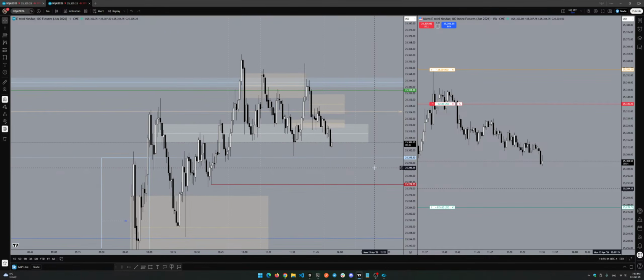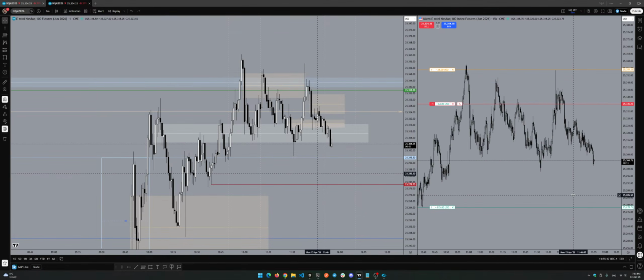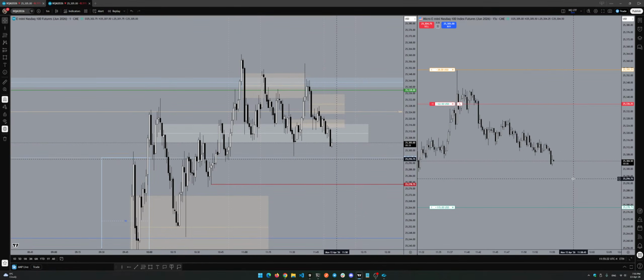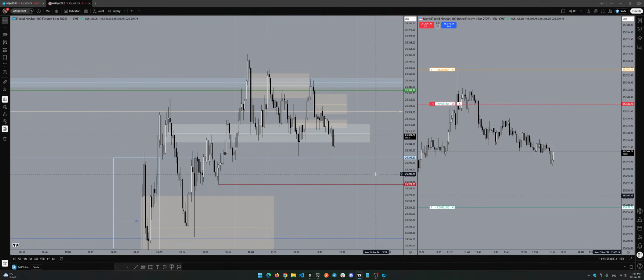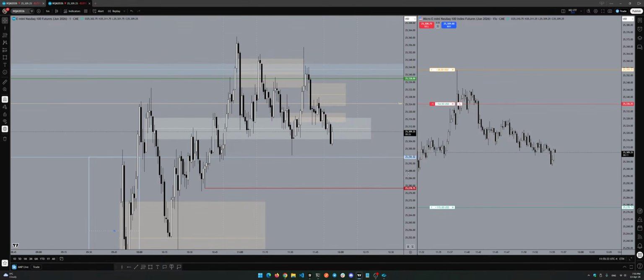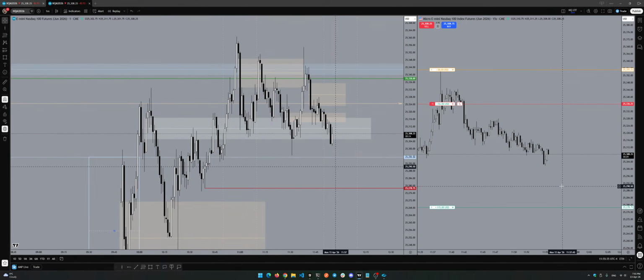Tiny fair value gap. Doesn't cover the whole range. Okay, I need to close below the midpoint. And then this level and this level.